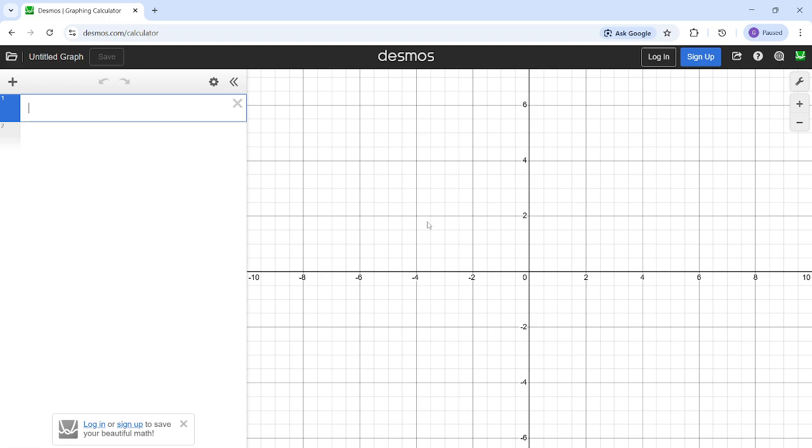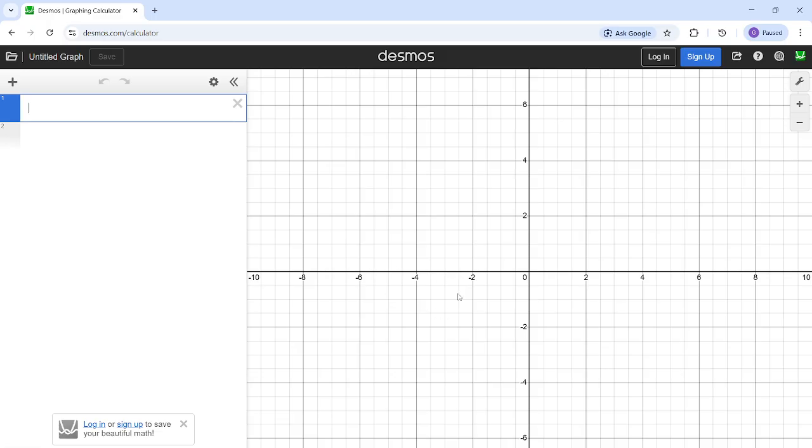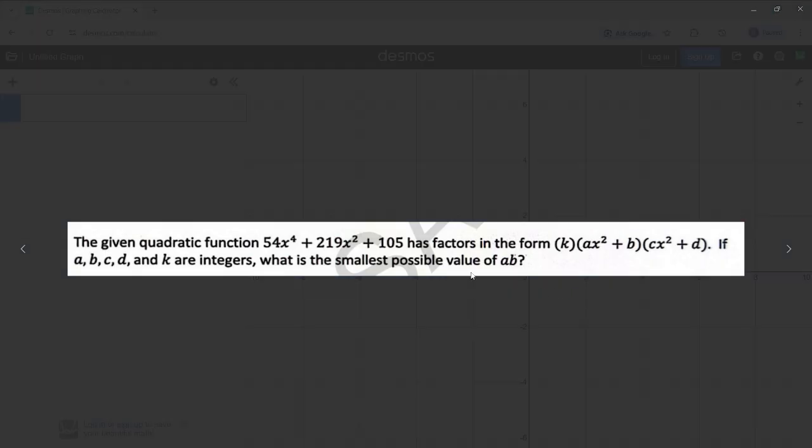There are a lot of things you could do using Desmos, even for hard questions. Right now, let's start with a harder question, and I'm going to explain what you should apply, what formulas there are, and everything you could do on Desmos by solving this question.